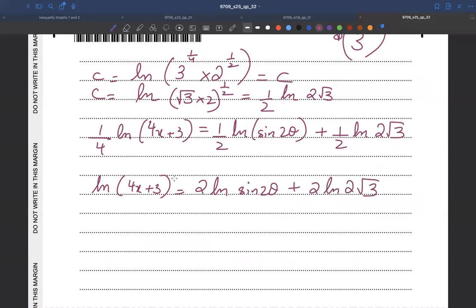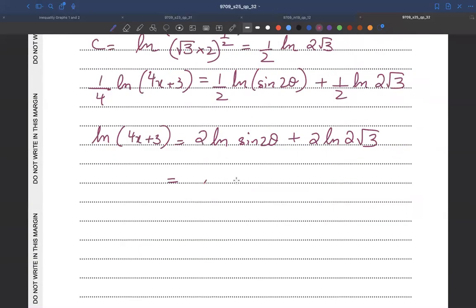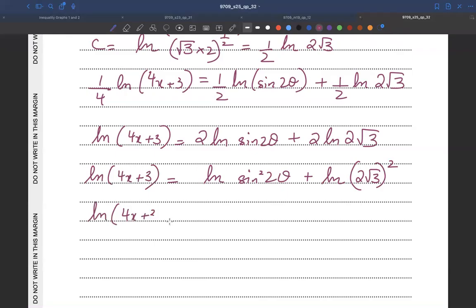Now, before we simplify, we can write it as ln of sine square 2 theta, as this 2 becomes a power, and ln of 2 root 3 whole squared. And this remains as it is. So we'll get ln of 4x plus 3 equals ln of sine square 2 theta times 2 root 3 whole square, which will be 2 square 4, 4 times 3 is 12.